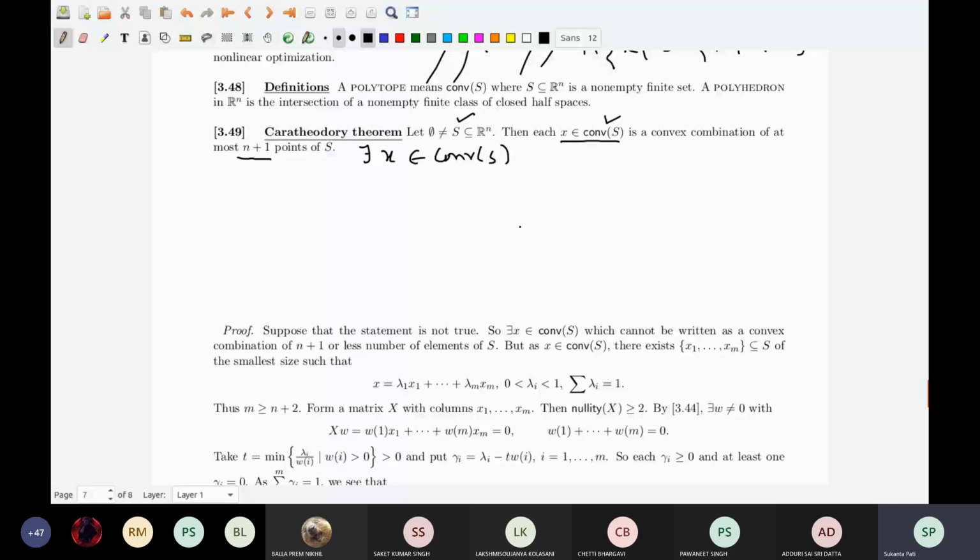So suppose x cannot be written as a convex combination of at most n+1 points.